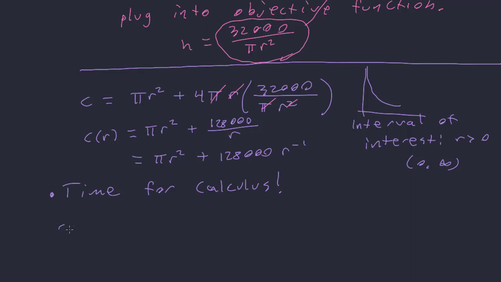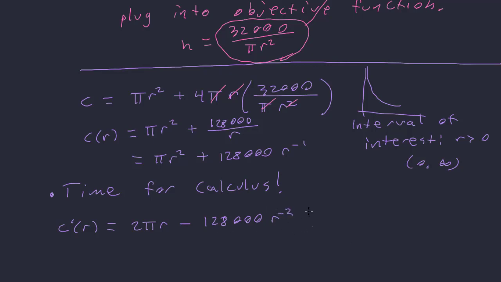So let's take the derivative. C prime of r is going to be 2 pi r minus, when we bring the negative over, 128,000 r to the negative 2.